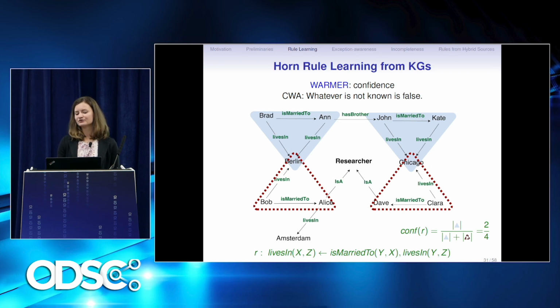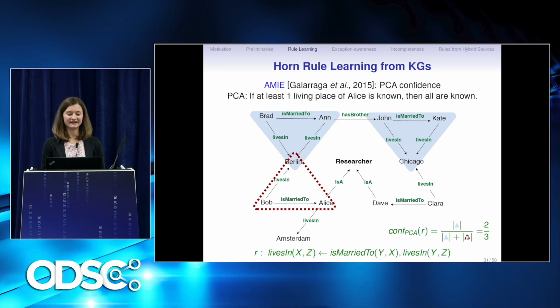Now, what you could do is, for instance, apply this rule to predict potentially missing facts. So you will predict that Alice most likely lives in Berlin with her husband, and the same holds for David, right? So now, an alternative way of penalizing the rules was recently proposed, which essentially states that we want to penalize only the cases where the respective relation is not known for an individual.